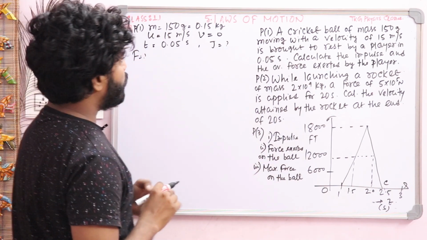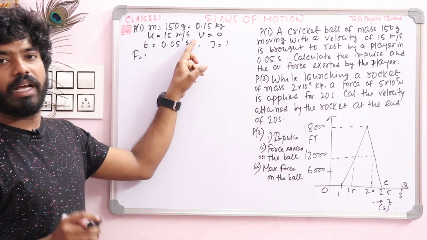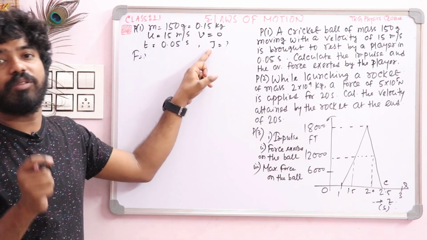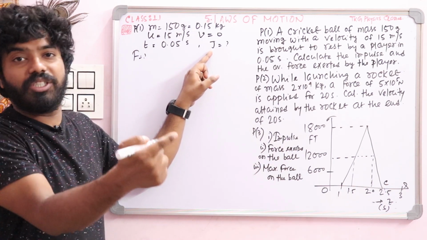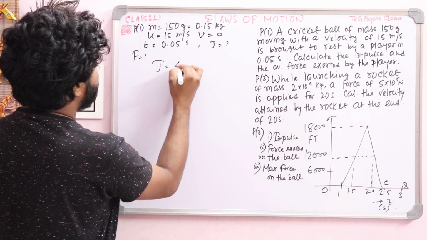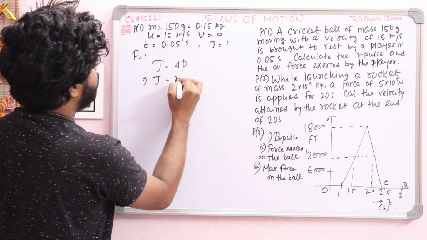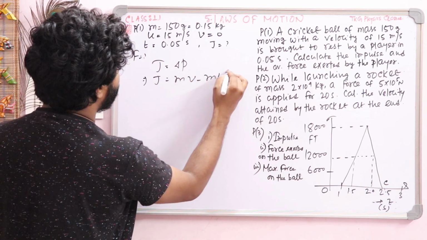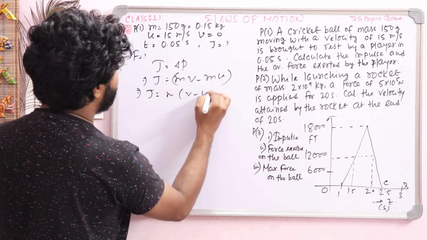Okay, so you know the values of m, u, and v, and you have to find the impulse, and we know the impulse momentum theorem, that impulse is equal to change in momentum. So write it, according to the impulse momentum theorem, impulse J is equal to del p, that is J is equal to mv minus mu, that is J is equal to m(v minus u).